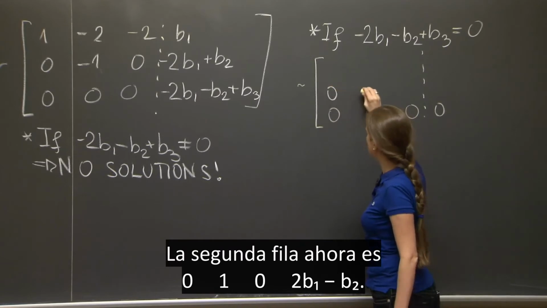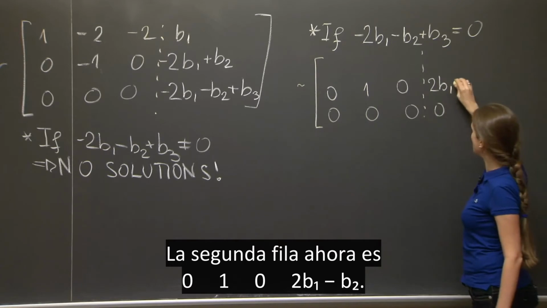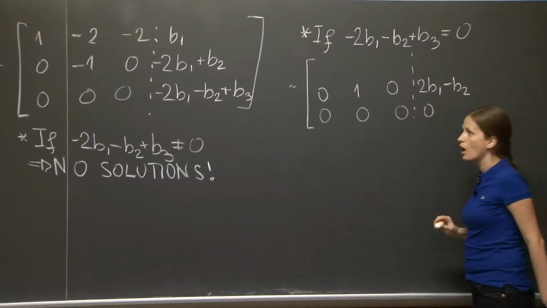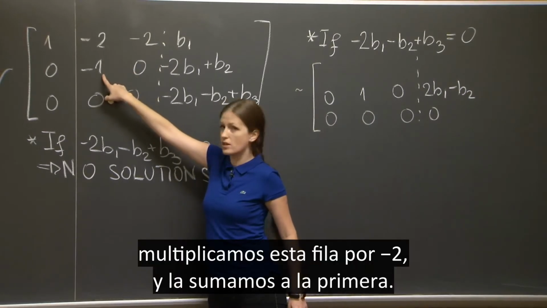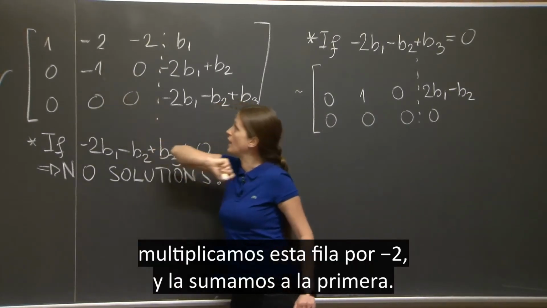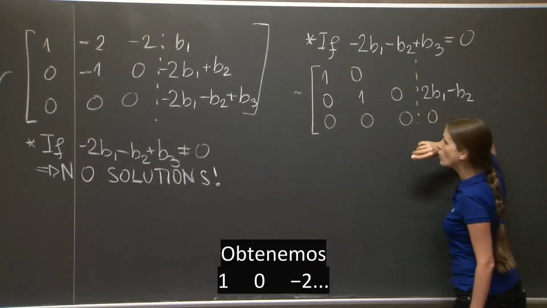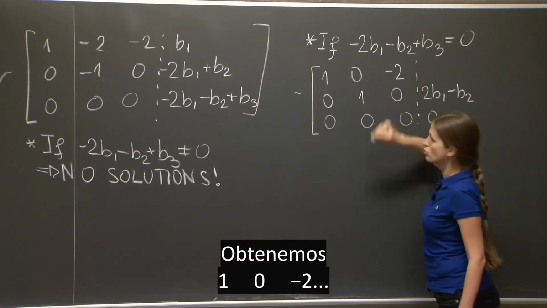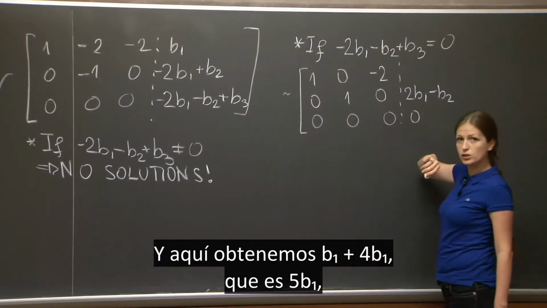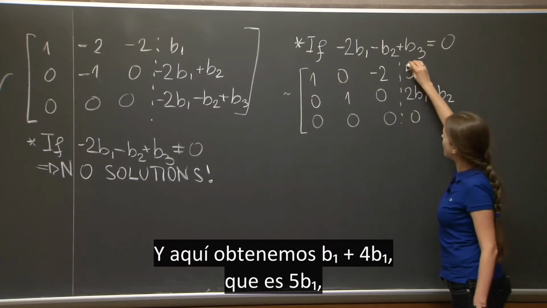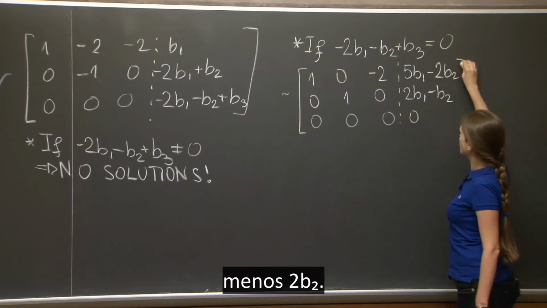The second row becomes 0, 1, 0, 2b1 minus b2. And the first one, to get rid of this minus 2, we multiply this row by minus 2 and add it to the first one. We get 1, 0, minus 2, and here we get b1 plus 4b1, which is 5b1, minus 2b2.